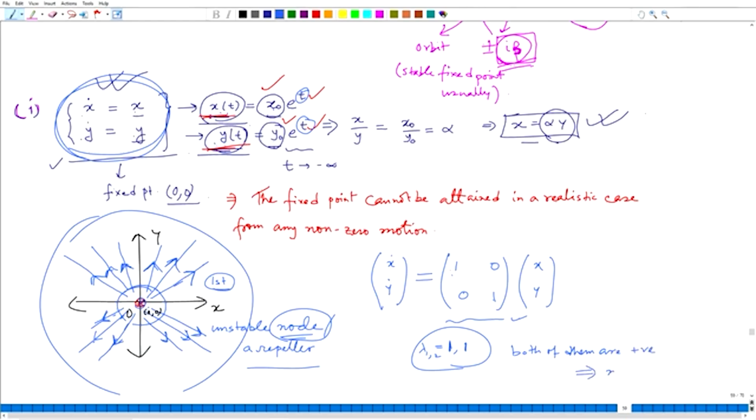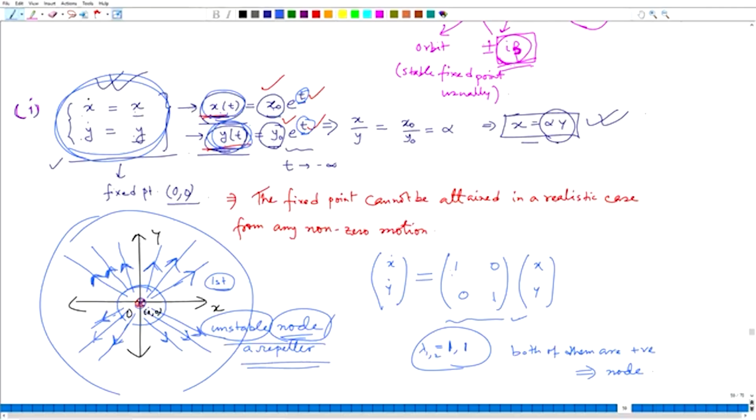So this is a node, and since the phase space trajectories are going away from the fixed point, it is called an unstable node. That means the perturbation or disturbance increases with time in this type of system. So this is all about the unstable node or a repeller.